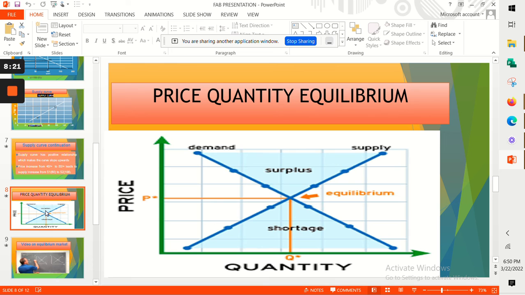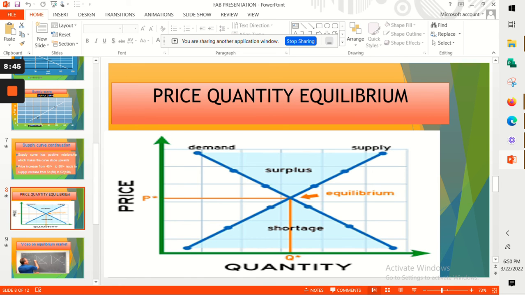Oh, all right. You see where the equilibrium point is pointing? I see that arrow for equilibrium. I'm seeing a letter P and Q. What are those? Q is the quantity supplied or demanded in the market. Always on the x-axis we have the quantity, and on the y-axis we have the price. So P stands for price.